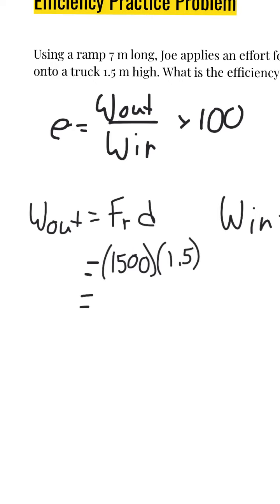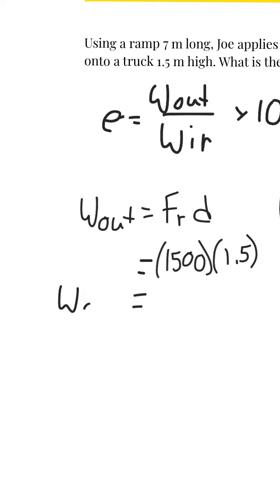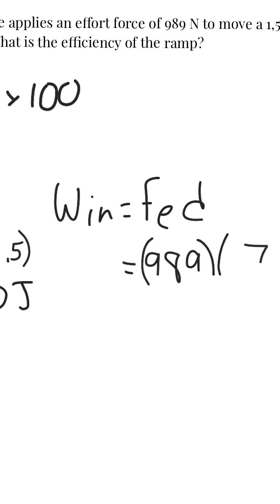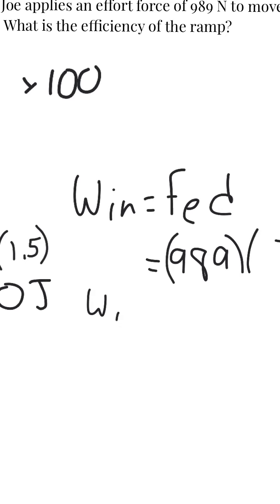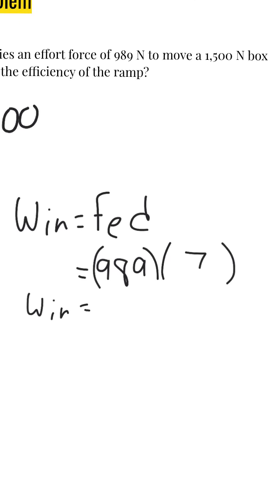Once you have those, then you're just plugging it in. So the output work, the work coming out, is 1500 times 1.5, which is 2,250 joules. The input work then is 989 times 7, so 6,923 joules.